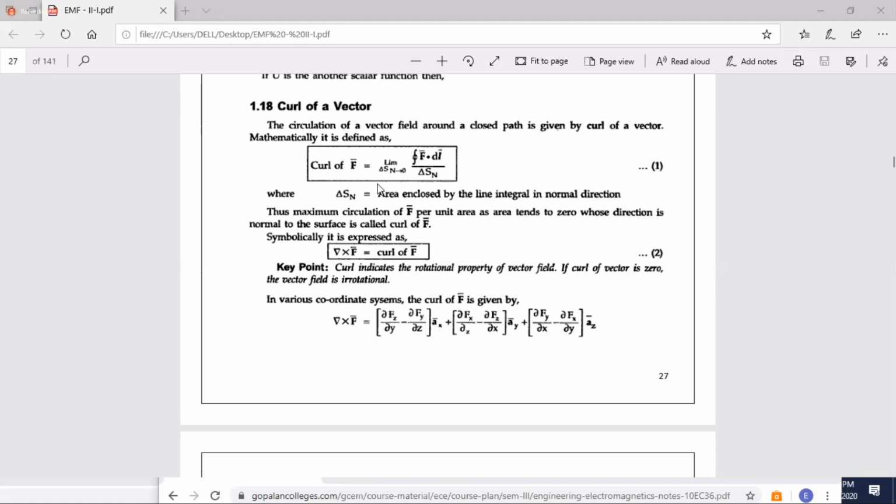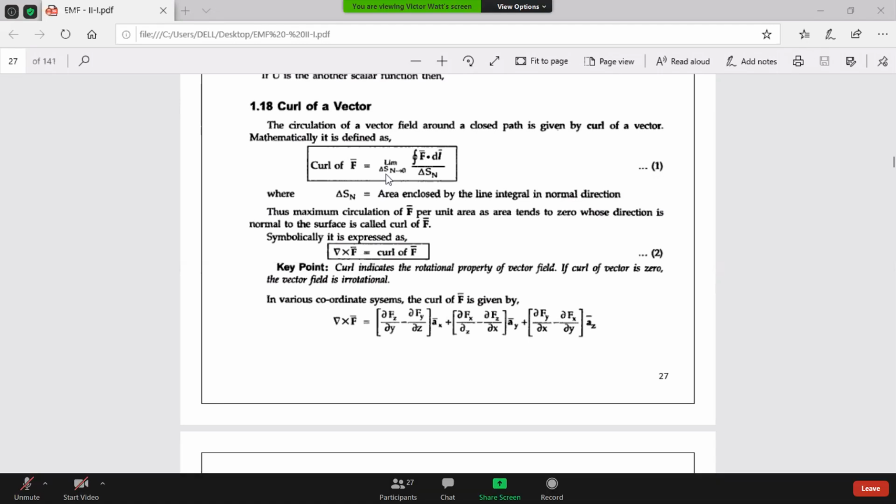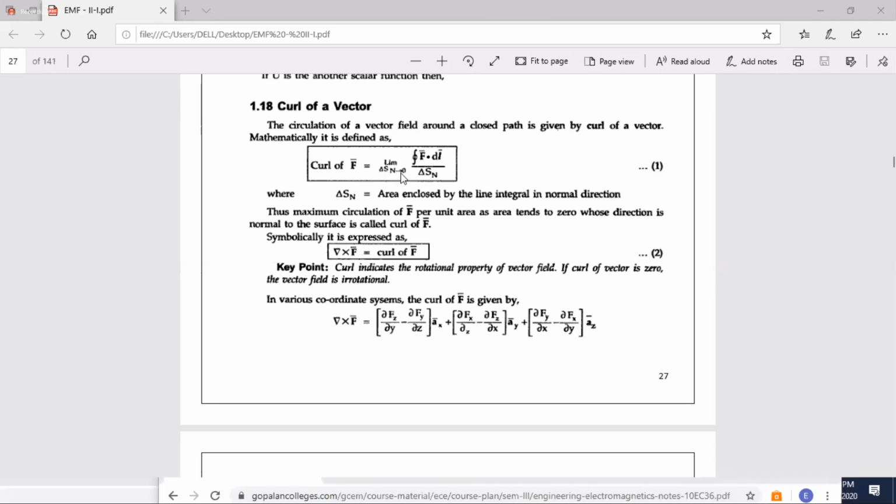Curl of F is the limit of delta S, and n represents normal, goes to 0. Curl of F equals the limit as delta S n goes to 0 of the integral around the closed path of F dot dl.